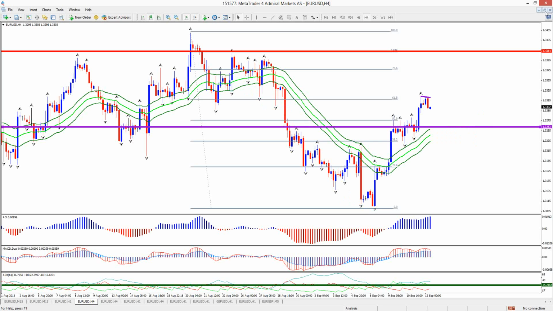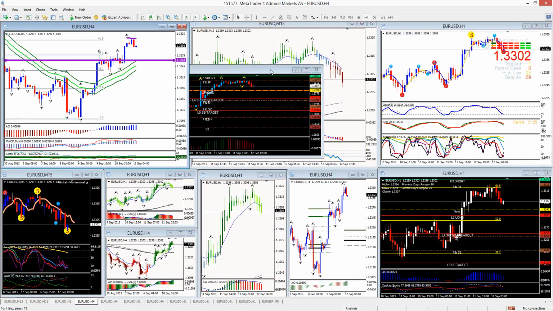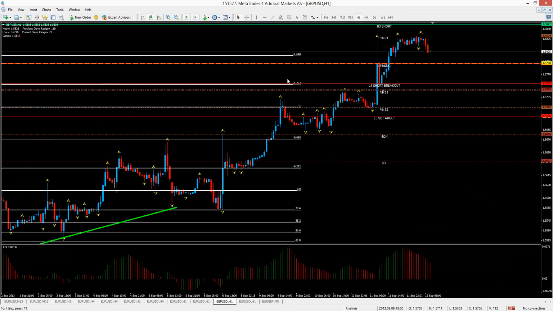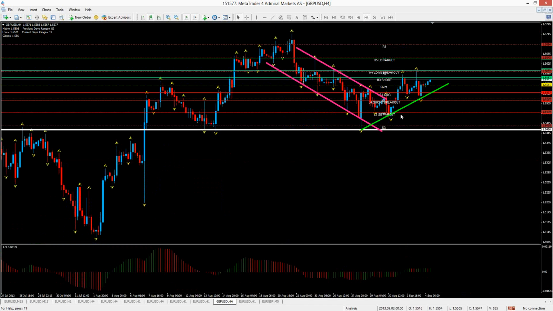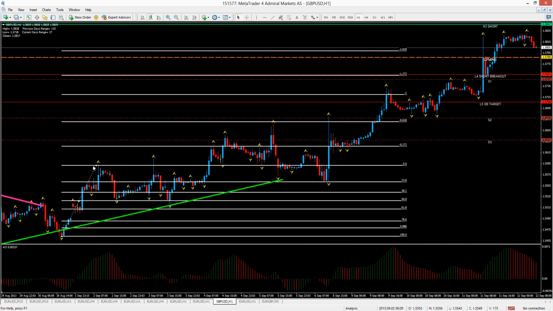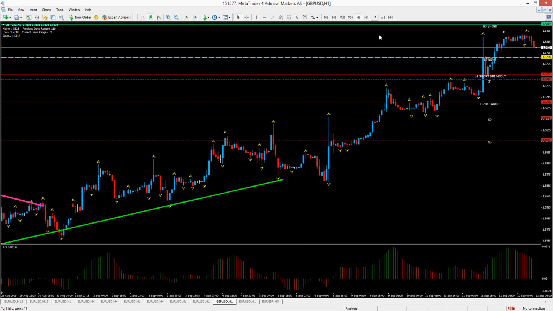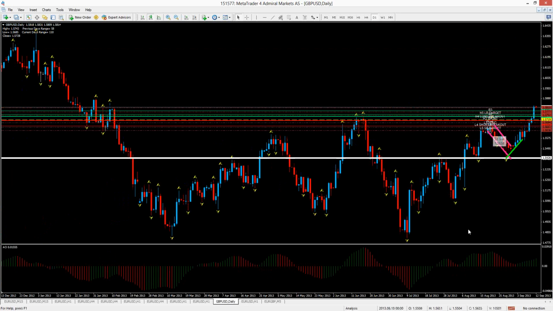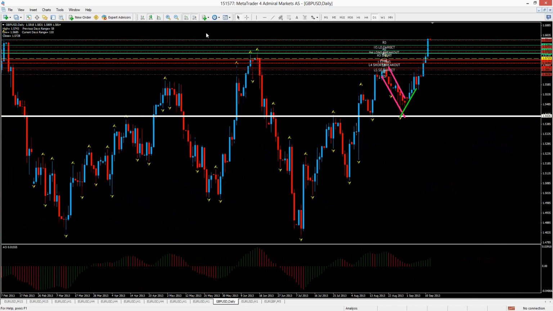Okay, let's take a look at the pound. Let's see. I have here an old fib. Let me take that away. Well, the pound is one of the things that doesn't really match up with the euro, because yesterday I was saying I want a clear break above this level, otherwise I wouldn't really see it as bullishness.